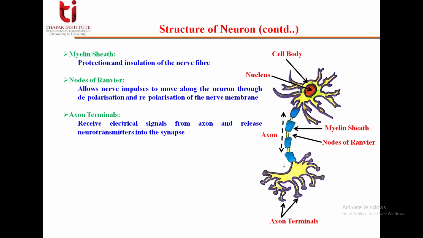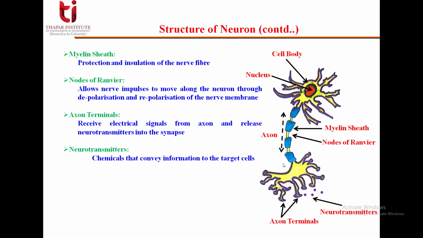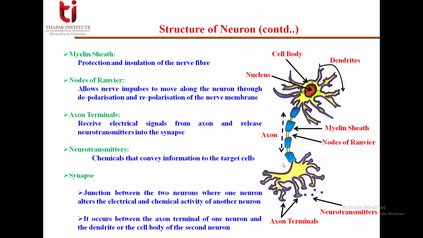Now let's see what neurotransmitters are and what the synapse is. You can see in the diagram that neurotransmitters are basically the chemicals that convey information to the target cells. And where that process occurs, it is the synapse.